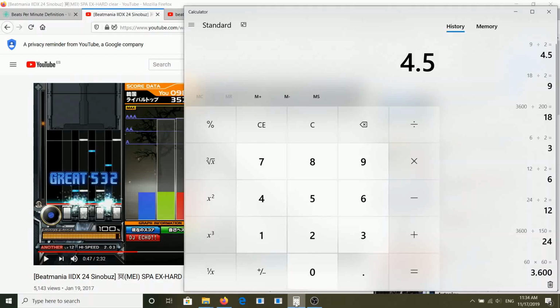You can't have a 4.5 frame gap. So for one note, maybe there will be a 4-frame gap, then the next note will be 5, and 4, 5, 4, 5. We can keep going with this over and over, and you'll see that this is exactly what the game is doing, and that's why 200 BPM 16ths are not considered a magic BPM.